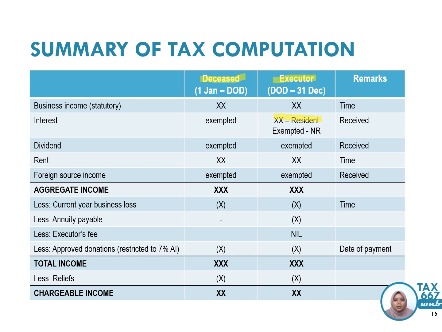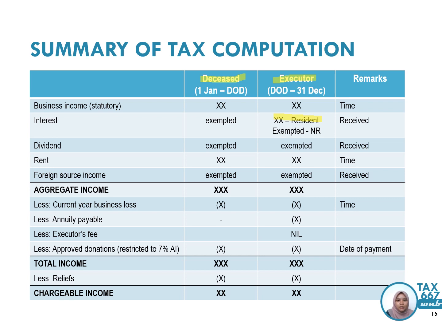Untuk rent pula, kita akan apportion timely, similar macam business income, at net adjusted rental income, dan untuk foreign source income, regardless of who receive the income, dua-dua boleh claim exemption sebab bermula tahun 2004 any income originally from outside Malaysia is not taxable in Malaysia, boleh dapat exemption.